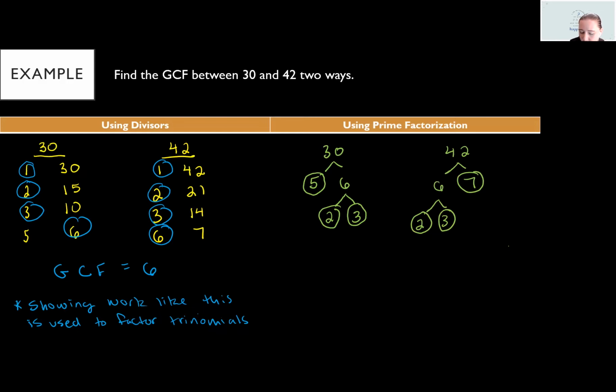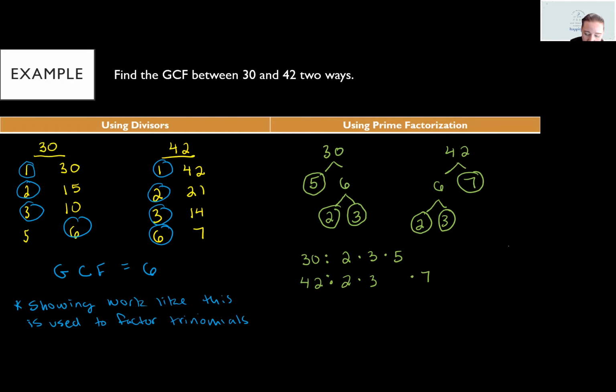So for this method to find the greatest common factor, I'm going to rewrite the prime factorization. So 30 is 2 times 3 times 5. And 42 is 2 times 3 times 7. And then you're going to be looking at what's in common.